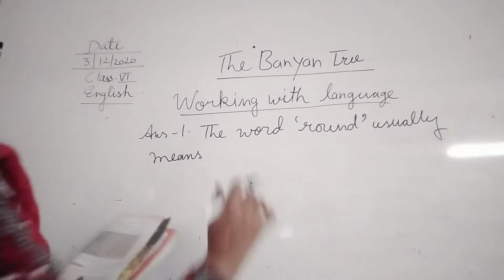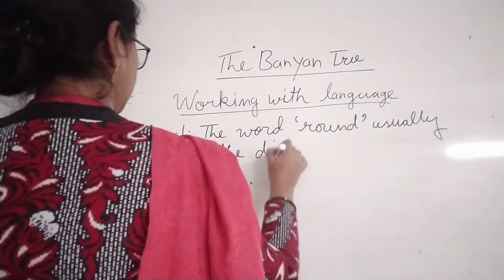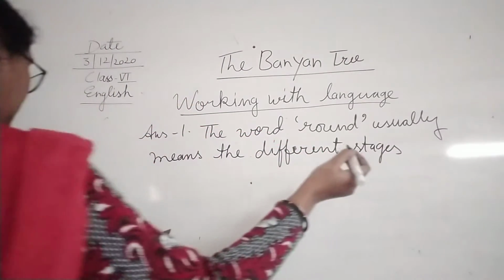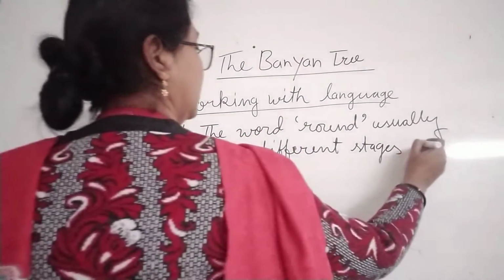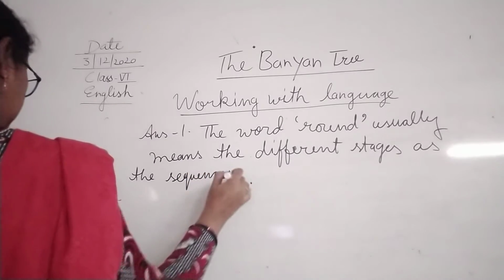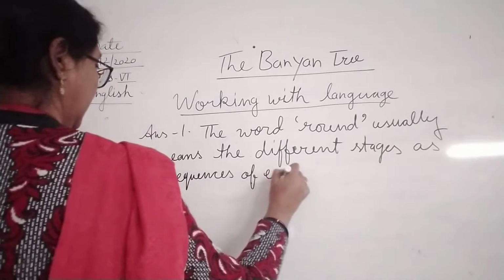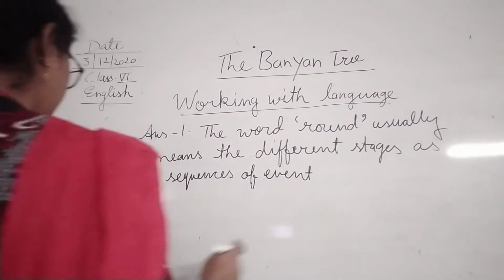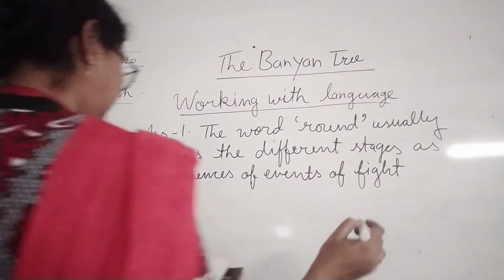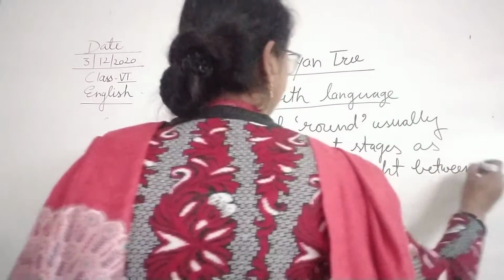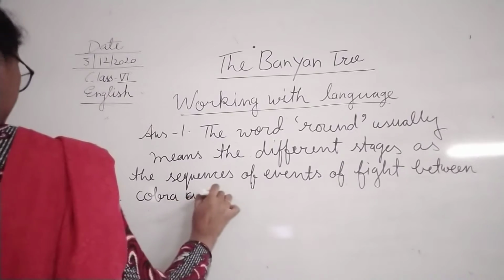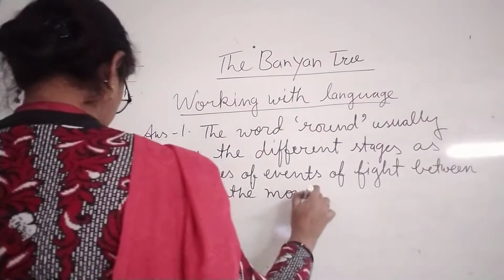The different stages as the sequences of events of fight between the cobra and the mongoose.